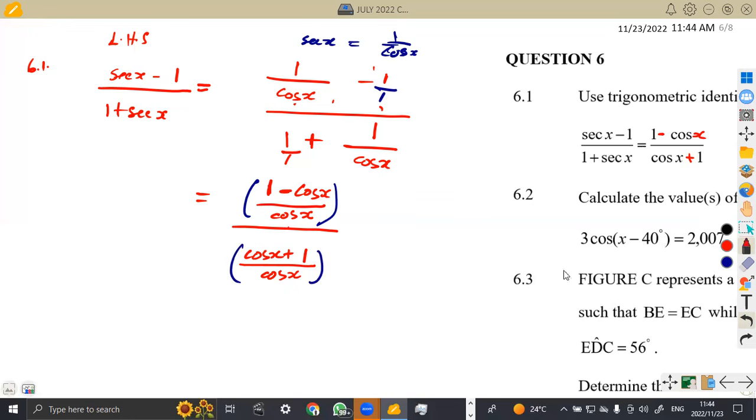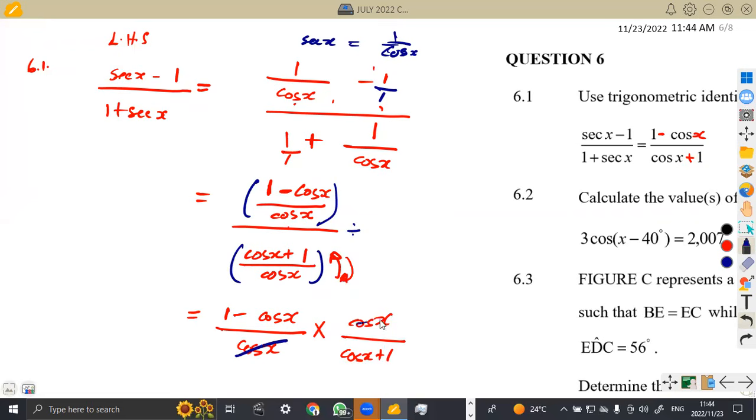Remember, guys, that we are dividing this fraction by the second fraction. So whenever you're dividing, you introduce multiplication and invert the second fraction. So it is going to be 1 minus cos of x over cos of x times, we have introduced multiplication, we invert the second fraction, so it is going to be cos x on top over cos x plus 1 in the denominator.